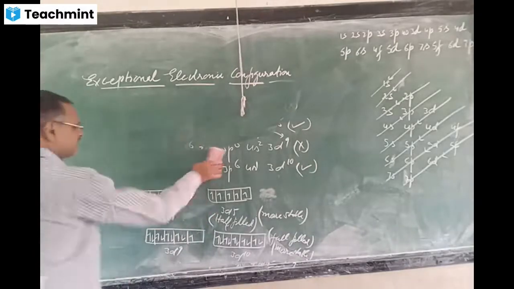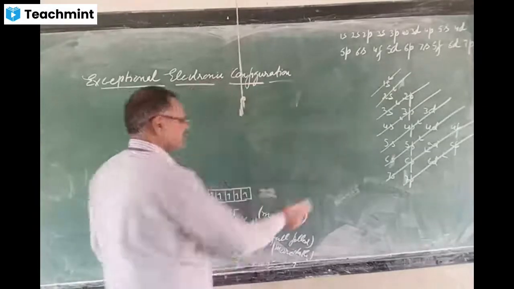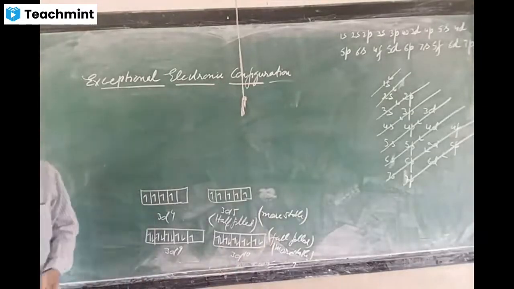I'm going to write the reason here: why half-filled and fully filled orbitals are more stable. Note down in your copy.